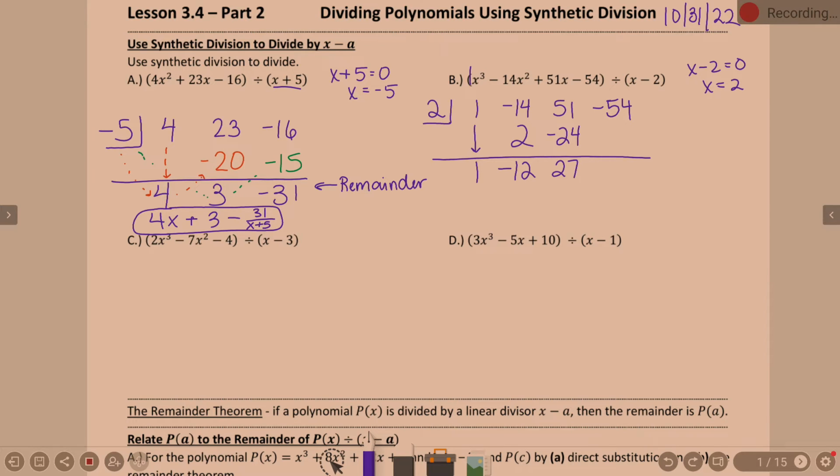Is that the right math? And now what? Multiply. 2 times 27 is 54. What's negative 54 plus 54? 0. What does that 0 represent? Yeah. We have a remainder of 0 this time.